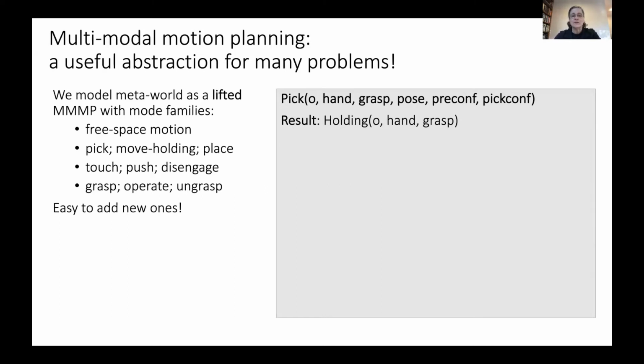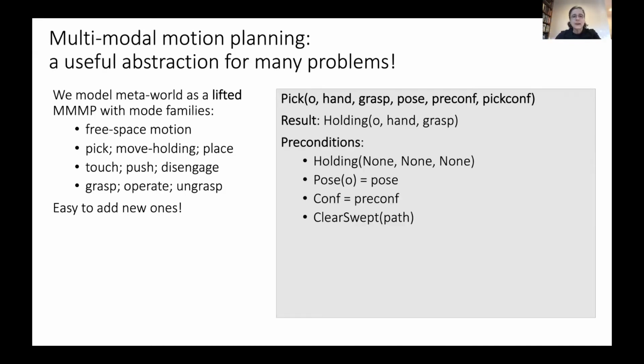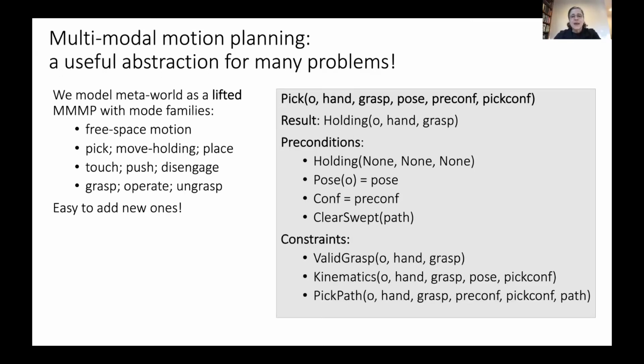Like we might say, the result of this picking operation is that we're in a new mode. And the mode that we're in is one where we're holding the object with a particular hand in a grasp. And it might have some preconditions, like we're not holding anything and the object is in a certain place and the robot is somewhere and there's free space that we can move through without collisions. And there might be constraints on some of these continuous values.